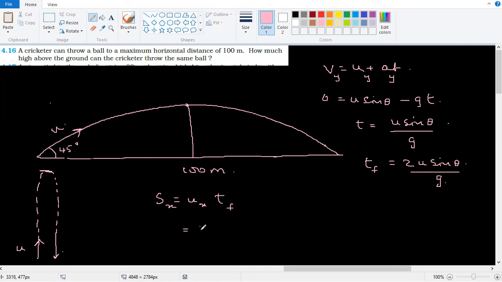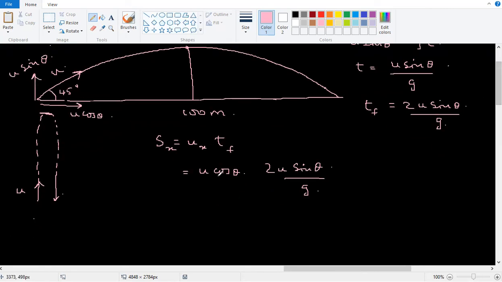Ux is u cos theta, and this is u sin theta. Time of flight is 2u sin theta by g. So this is what we derived as range equals u squared sin 2 theta by g.